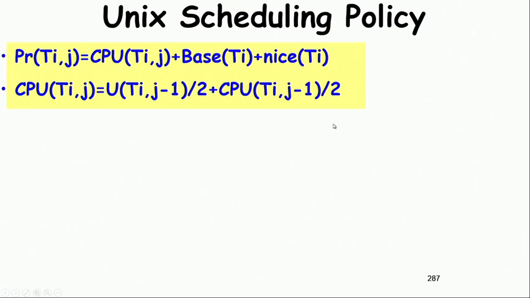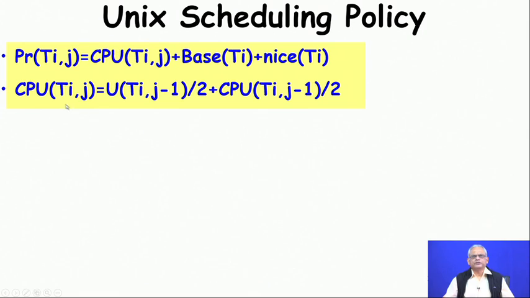If you look at the traditional operating system book, you will find that the priority of a Unix task at its jth time slice is computed from its base priority, a nice value, and the CPU uses time, which is a history of CPU uses time.